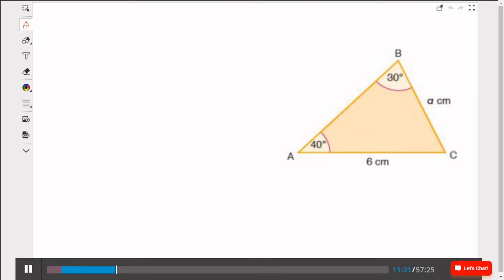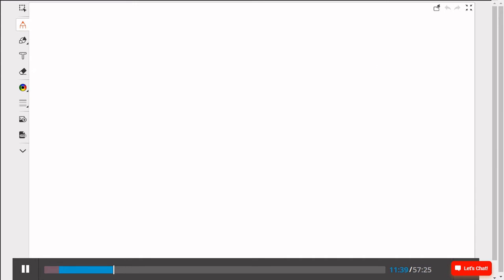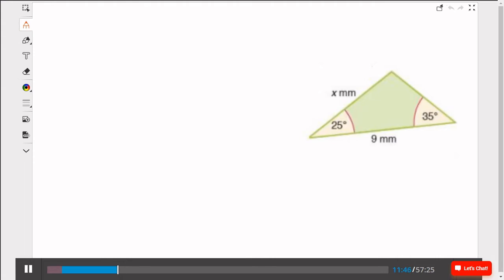Okay, let's take another example. One second, I'll show you. Look at this question. This question has given you two angles and one side, and the other side we have to figure out.